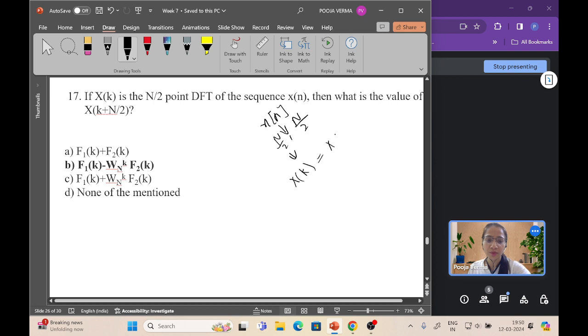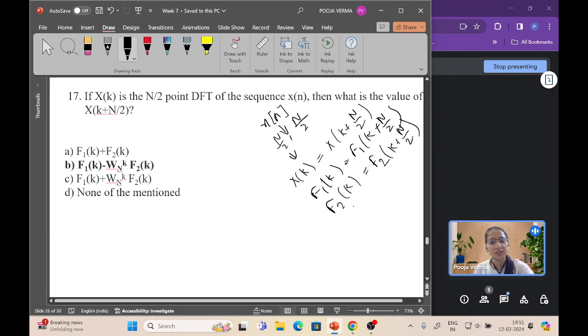So F1k must be equal to F1 of k plus n by 2. Similarly for F2k, F2 of k plus n by 2. But we have seen that in the odd part there is one extra factor, that is WNk, right? Because that is x of 2m plus 1, so that part adds the other phase factor.